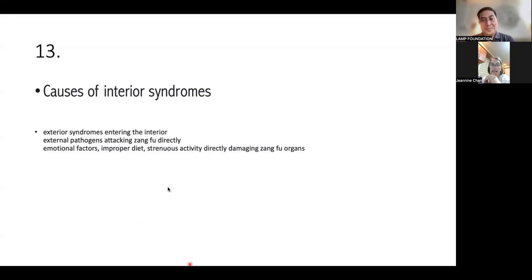Very good. As much as possible, we do not allow an exterior syndrome to get into the interior. Do not allow it to interiorize.